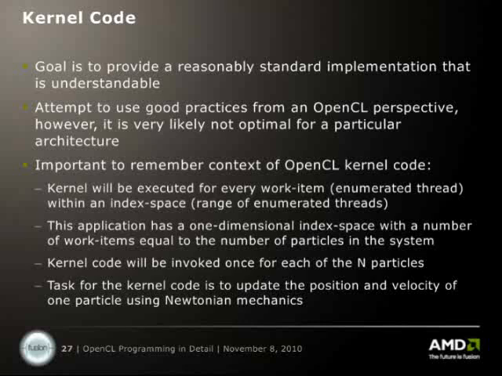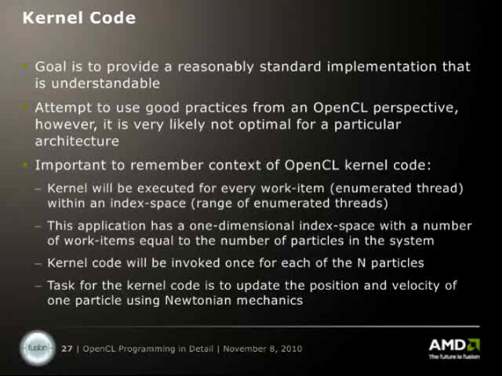It's important here to remember the context of the OpenCL kernel code. This kernel will be executed for every work item within an index space. Another way to put that is the kernel will be executed for every enumerated thread in a range of enumerated threads, where each thread is responsible for updating the position and velocity of a single particle.